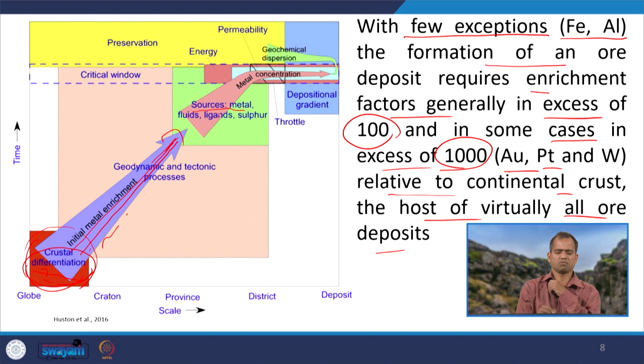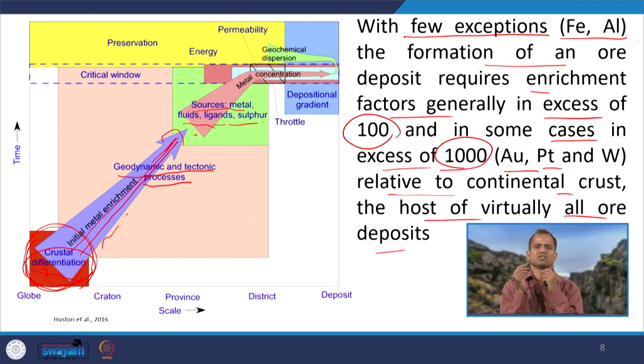This is the source of metal, fluid, ligands and sulfur like that. So, these are the different geodynamic and tectonic processes, how from crustal distribution to enrichment it is reaching. These geodynamic processes work at different plate boundaries, at specified spatial distances, in that domain, and give rise to the enriched mineral deposit for us.